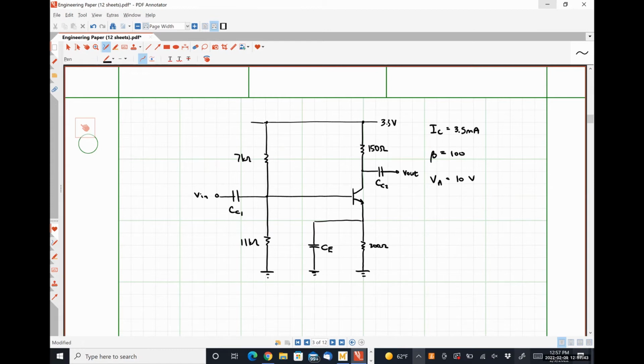So I have 3 small signal parameters that I have to care about. GM, my transconductance, R pi, the dynamic resistance of the diode portion of my BJT, and R naught, which is the resistance given by my early effect, if present. What's that? 300. Let me write that larger.